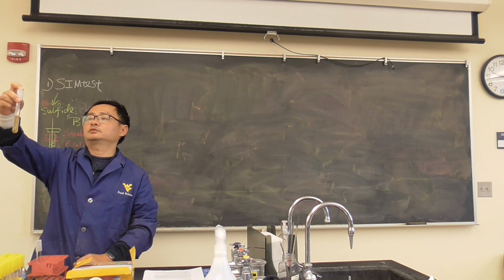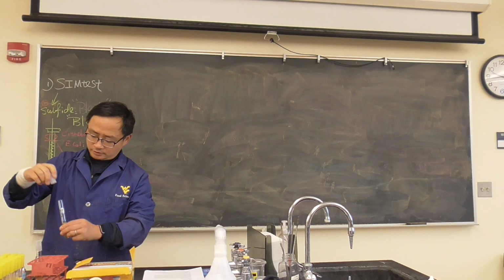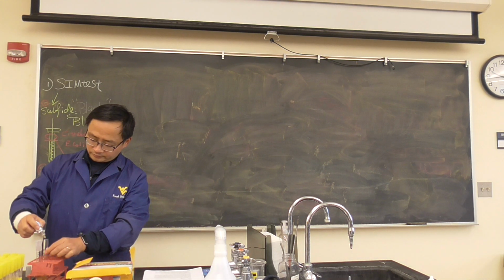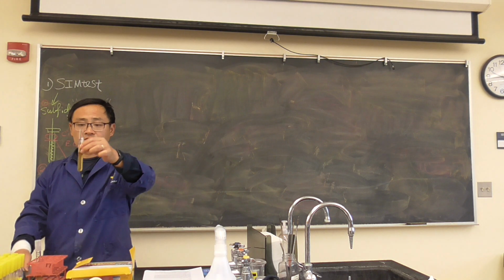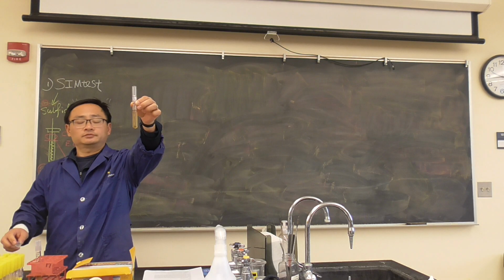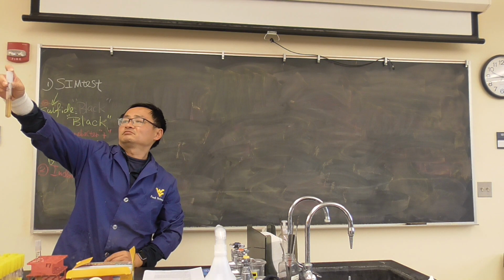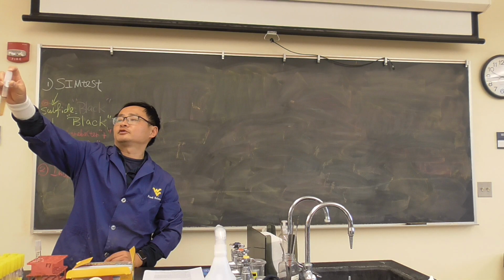Did you see cherry red? A little bit. Not really. Okay, let's add a little bit more. Maybe this is older. That happens all the time. Well, it started showing up a little bit. Let's say it's dark red, not cherry red. It used to be very beautiful.